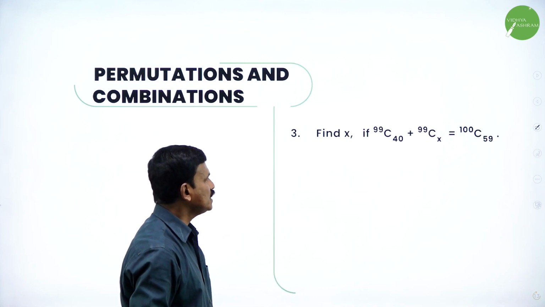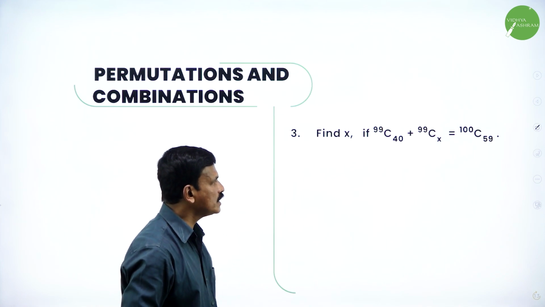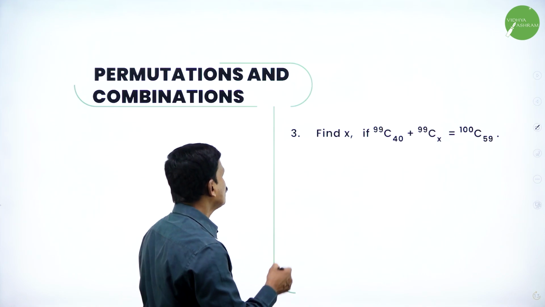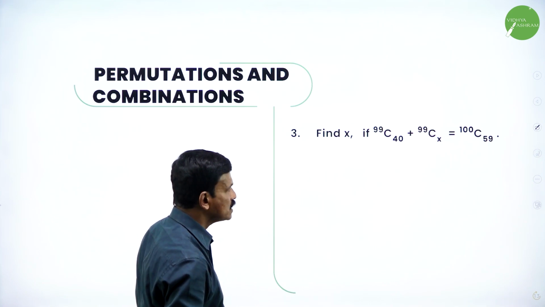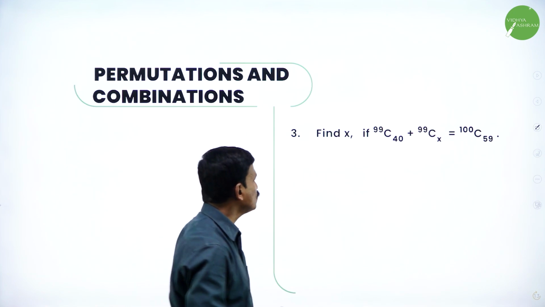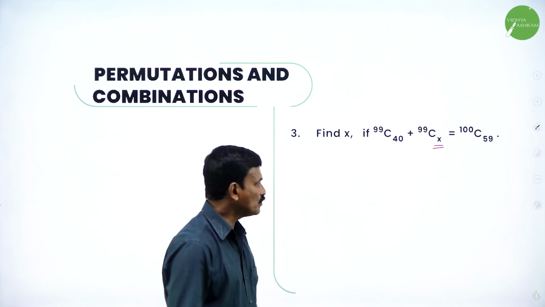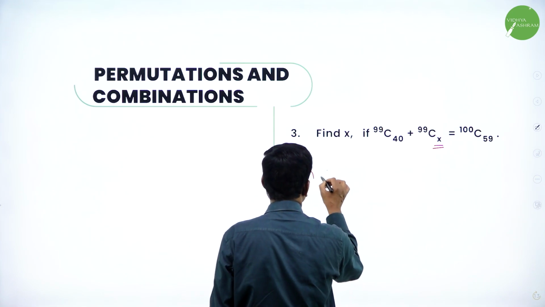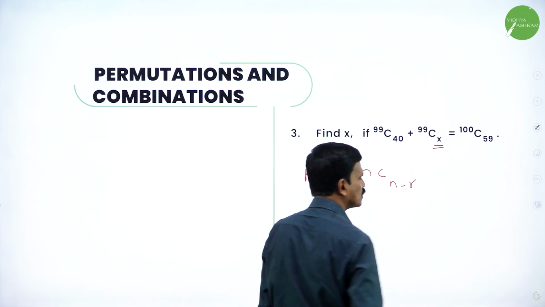Find x if 99C40 plus 99Cx is equal to 100C59. Then find the value of x. So, we have to find this value of x, right? Now, we know one relation, that is nCr is also equal to nC(n minus r), right?